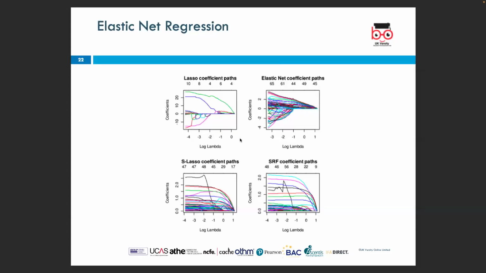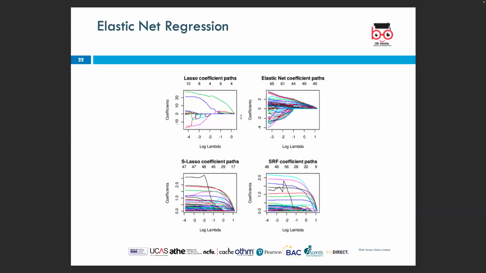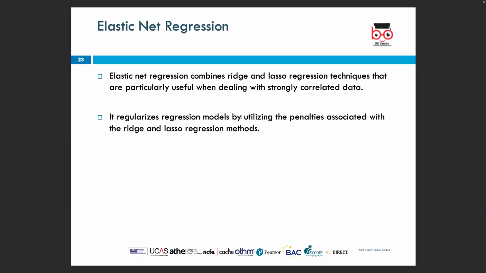We can see it here. This is lasso, and this is ridge. So we combine both together. It is particularly useful when dealing with strongly correlated data. It regularizes regression models by utilizing the penalties associated with the ridge and lasso regression methods.